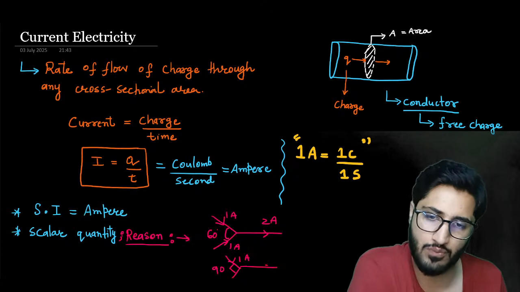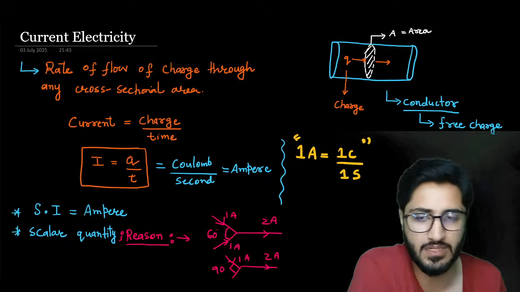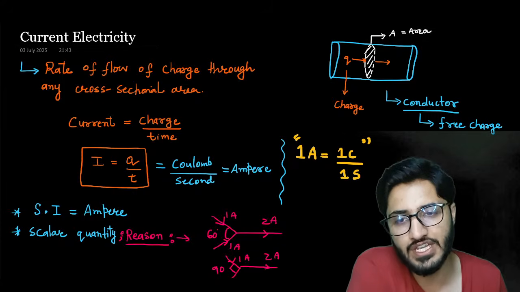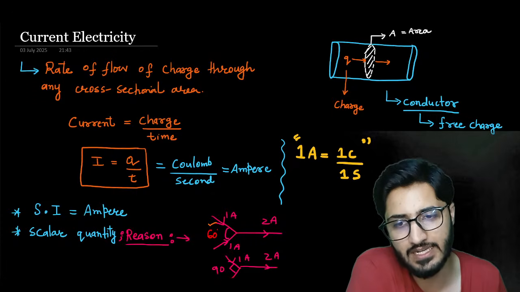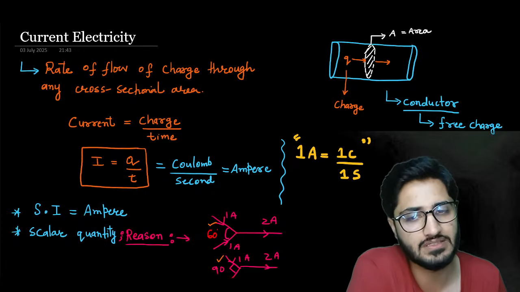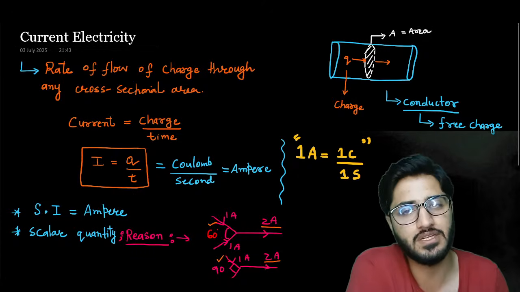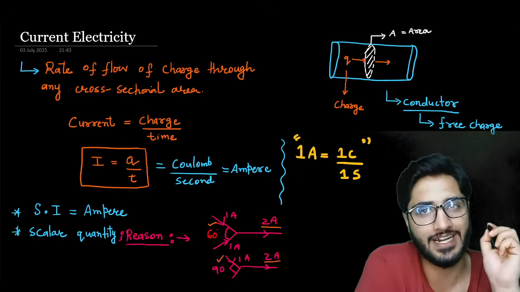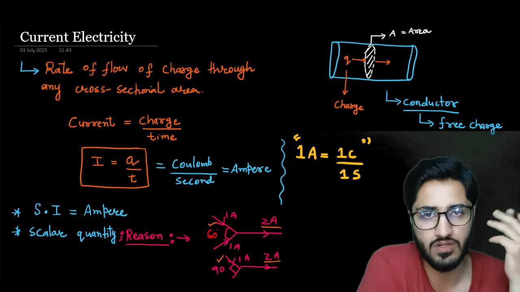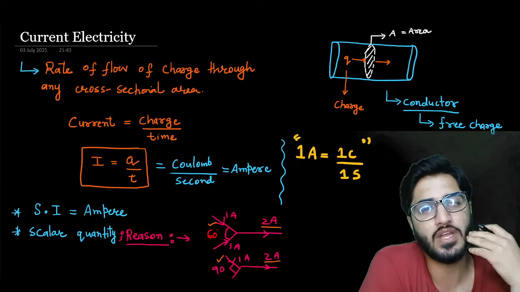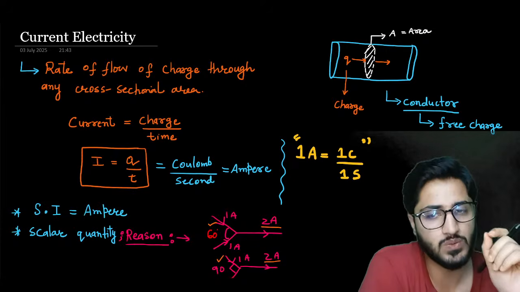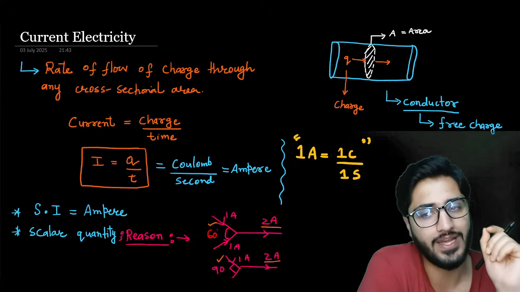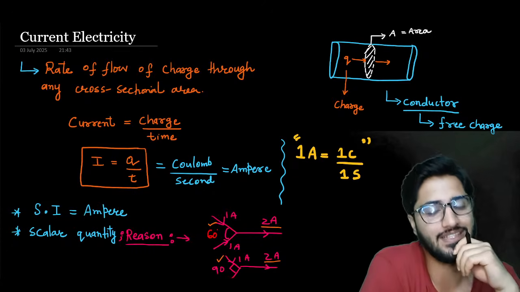You will get the same 2 ampere. That means if we are changing the angle between the wires, nothing changes. 2 ampere, same 2 ampere. That means it doesn't follow the vector addition law. We know the vector addition law: square root of A square plus B square plus 2AB cos theta. It depends on theta also, right? So that's why current is a scalar quantity.